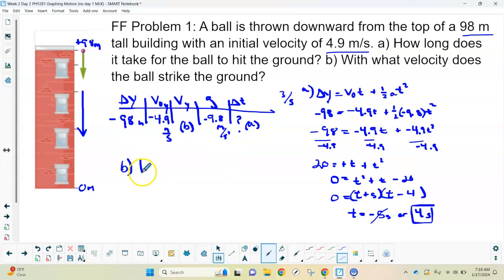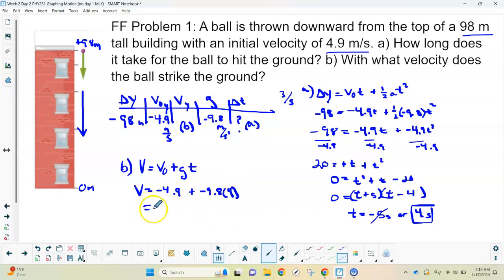It wants to know the final velocity, so I'm going to solve for V. V equals V0 plus gt. I'm going to use the time that I just got in my answer, and I want to use the 4, not the negative 5. So V is what I'm solving for: negative 4.9, plus negative 9.8 times 4.